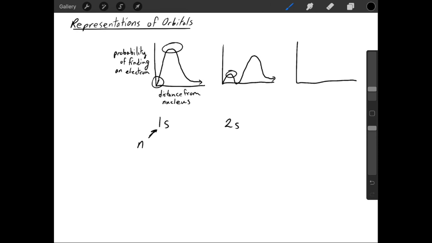Not very much. Then you have a node where there's zero likelihood of finding that electron. And then further away, you end up with a much higher likelihood of finding that electron. And then in our 3s example, our third s orbital, higher energy again, you have two nodes.